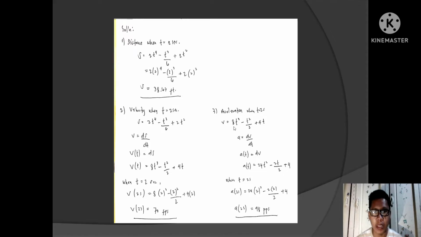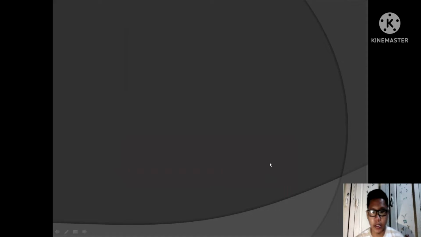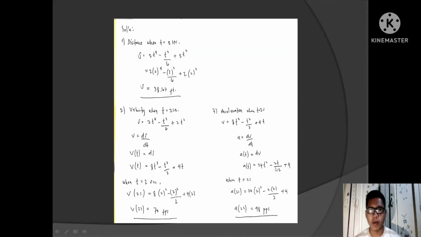So we get the derivative of v, which is 8 times 3, 24, t to the 3 minus 1, t squared, minus 2t over 2, plus 4.